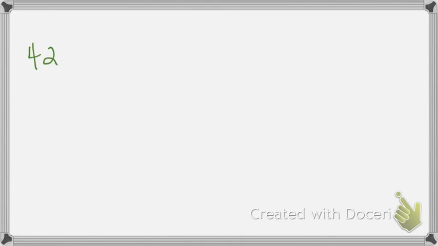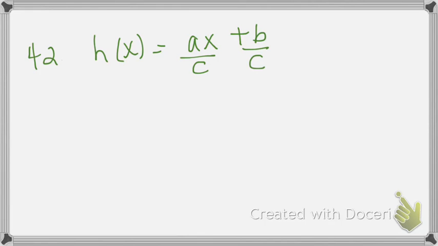Okay, 42 is similar, except the x is not on the bottom, so that changes things just a little bit. I'm going to put them both over c. And then I'm just going to rewrite it as a over c x plus b over c. I personally like to do this one this way since the x is not on the bottom, and since I don't need to subtract anything with those exponents.